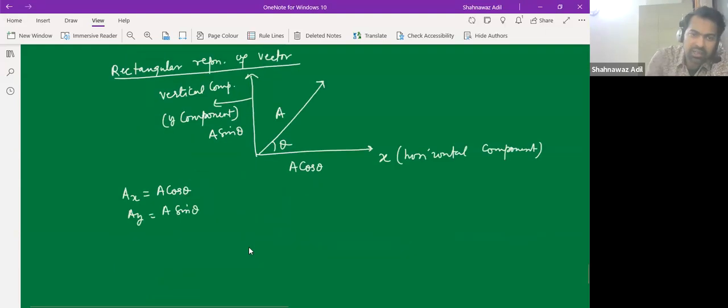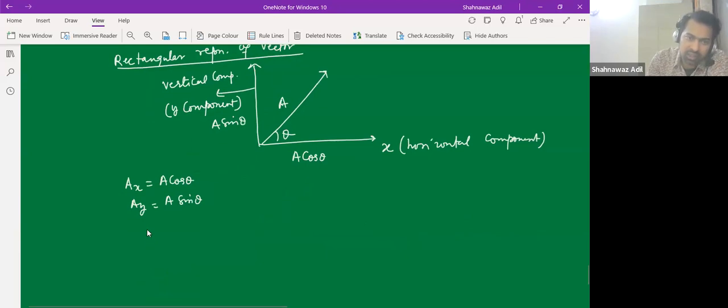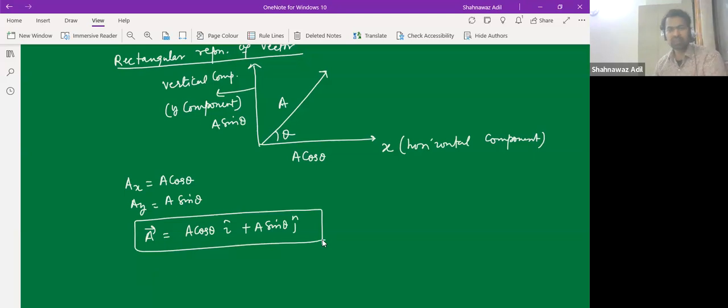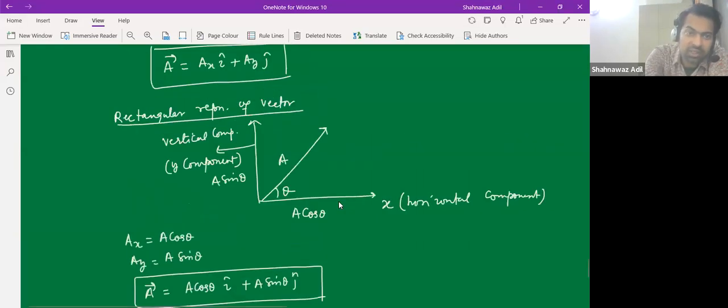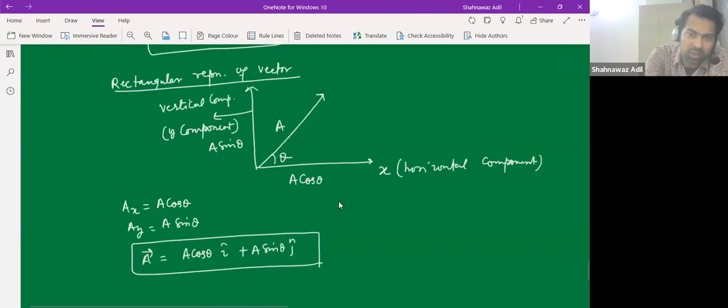Then I can write this vector A in the Cartesian form as A cos theta i hat plus A sin theta j hat. Is this clear, guys? Yes. Good. This is the most important thing.